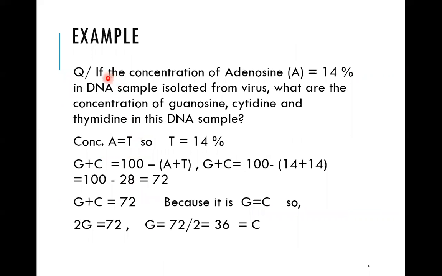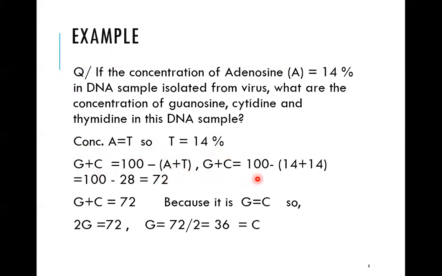Example on this: if the concentration of adenosine A equals 14% in a DNA sample isolated from a virus, what are the concentrations of guanosine, cytidine, and thymidine in this DNA sample? So the concentration of adenine equals thymine, so thymine equals 14%. So the concentration of guanine plus cytosine equals 100% minus adenine plus thymine.